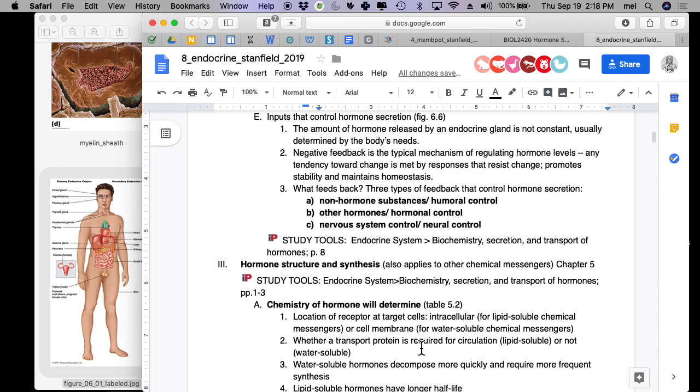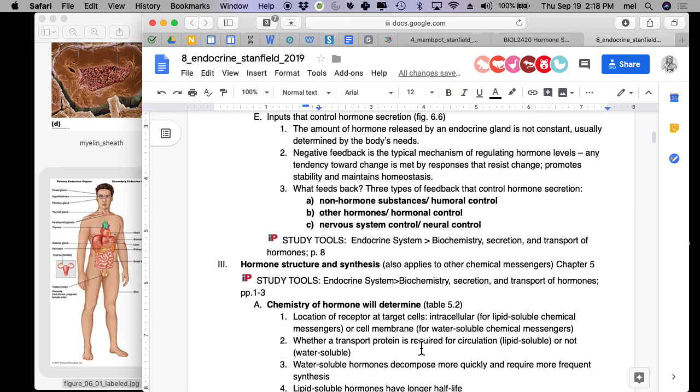It goes to the anterior pituitary, which releases another hormone called luteinizing hormone. What luteinizing hormone does is go to the testes, and then the testes start to produce testosterone.